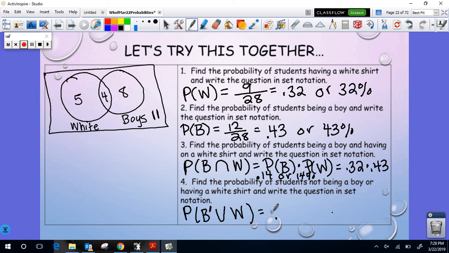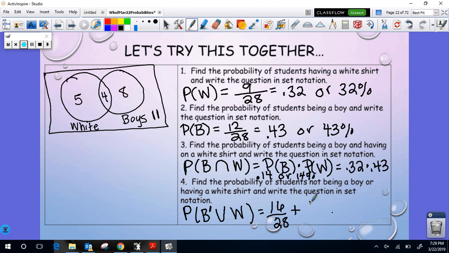So we need to go find what's the probability of not being a boy. Well, I got 11 and 5, that's 16. So 16 out of 28 people, that's the probability of not being a boy, plus the probability of having on a white shirt.